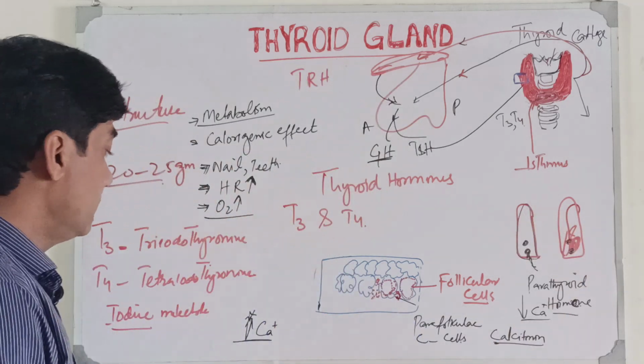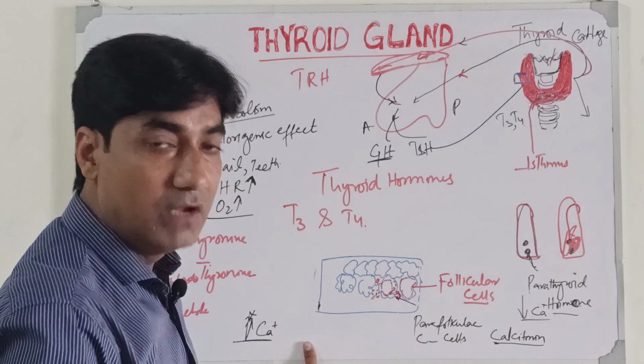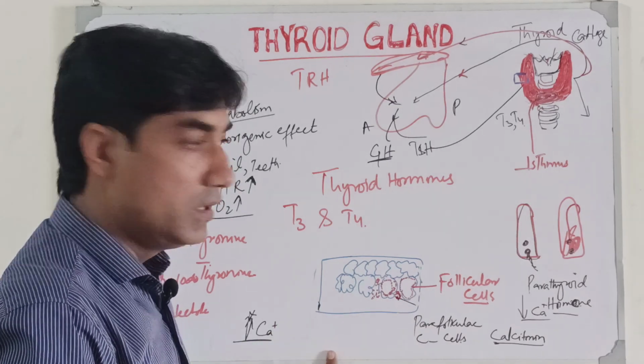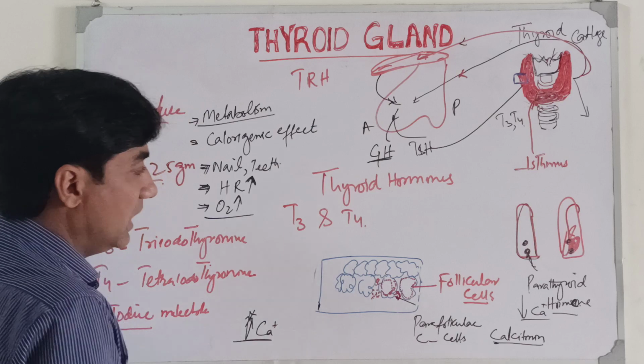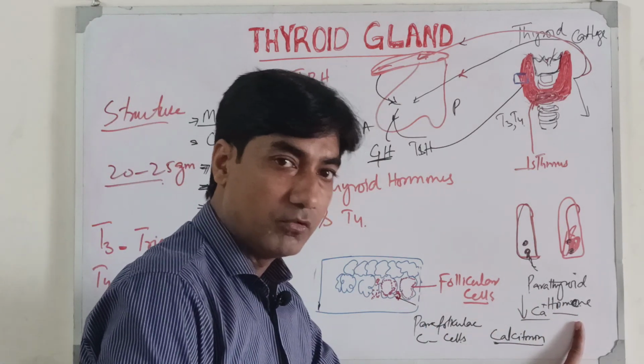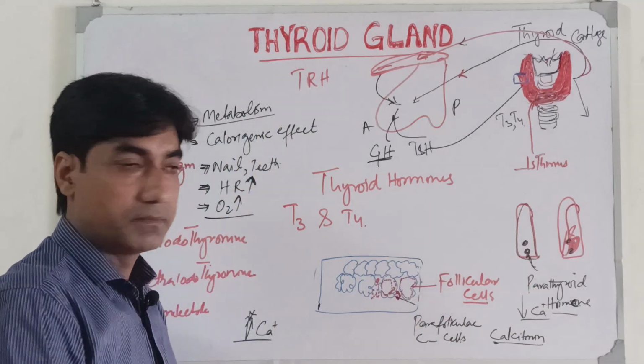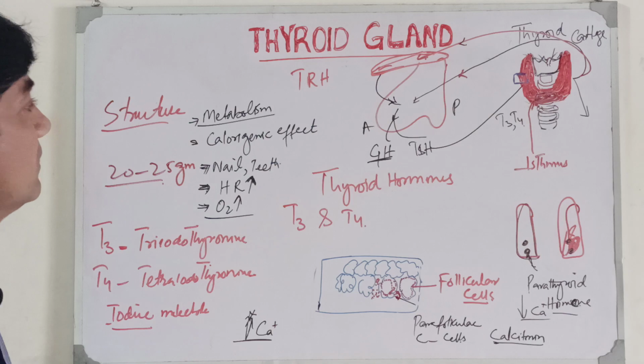The relationship of these two, PTH and calcitonin, we will discuss in the next video, but just keep in mind that calcitonin and parathyroid hormone work opposite to each other. So this is the thyroid gland.